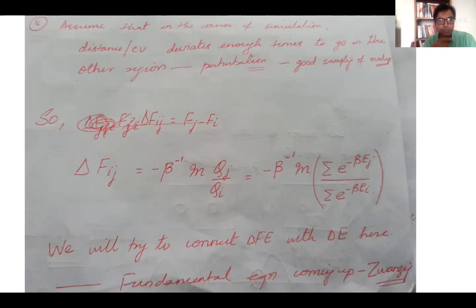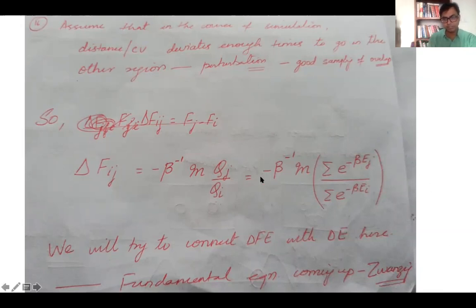So we all know that the free energy difference can be written as a term here. This is simple algebra where you write Fi is equal to minus beta inverse ln Qi, and you take a difference, and because these are logarithmic terms, you get a ratio of it. And when you get a ratio, you end up with a term like this.